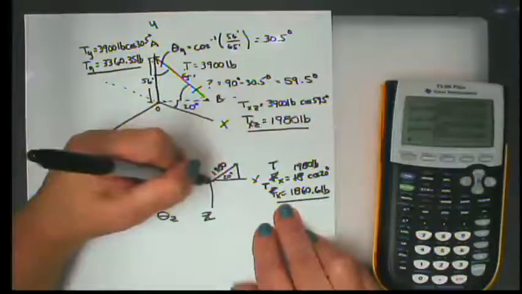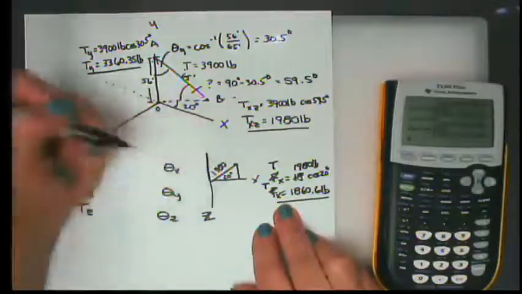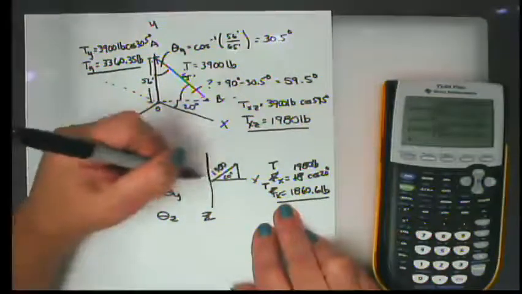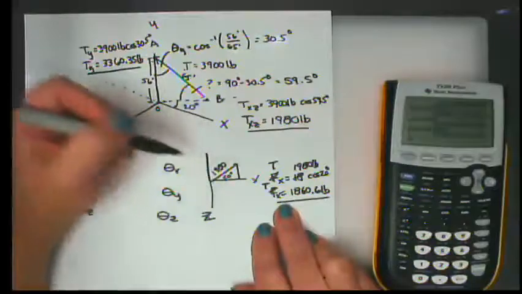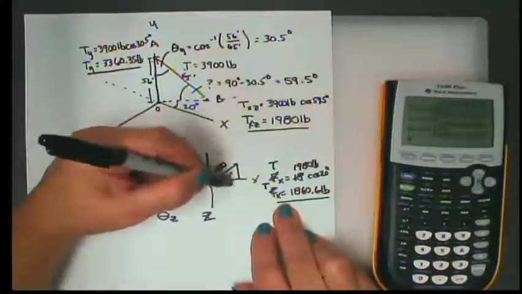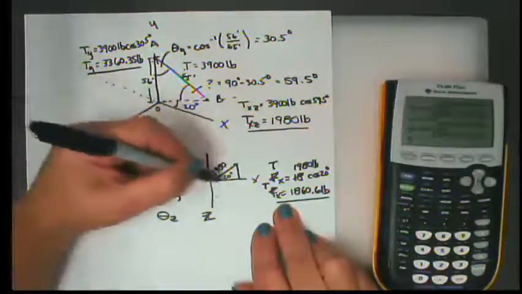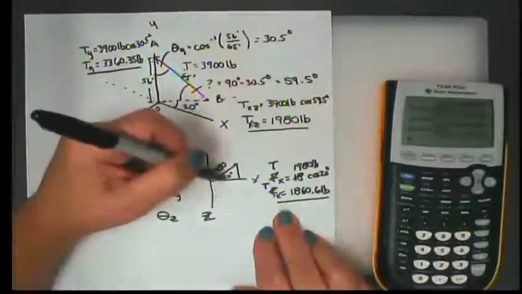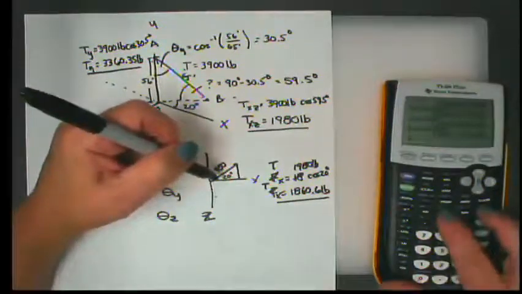There's a couple of different ways we can think about it. We can think about it as being negative times the cosine of 70 degrees, because 20 plus 70 is 90. Or we can think about it as being the cosine of 90 plus 20, which is 110. So let's check out those numbers.